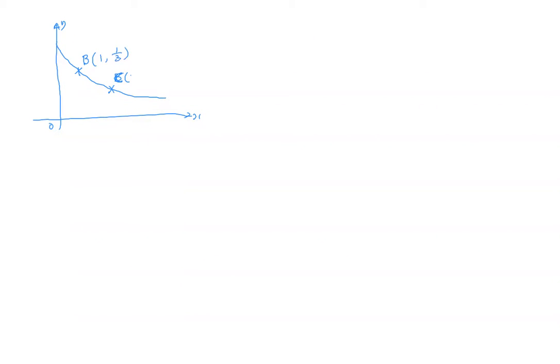So if I join point B to point C with a straight line, what is straight line BC called?